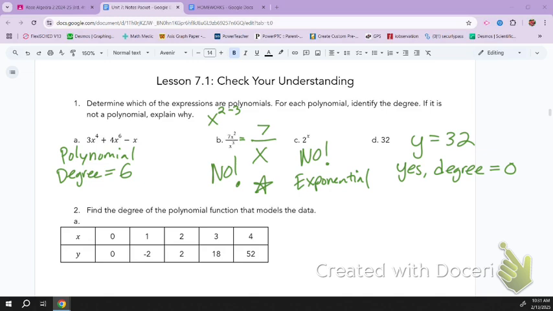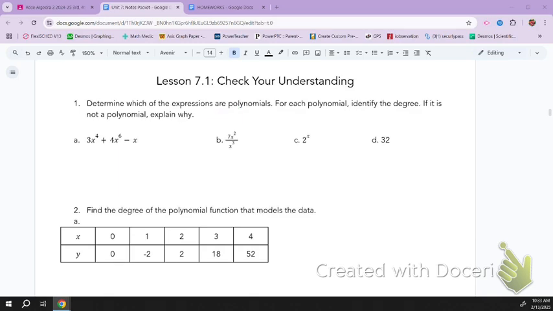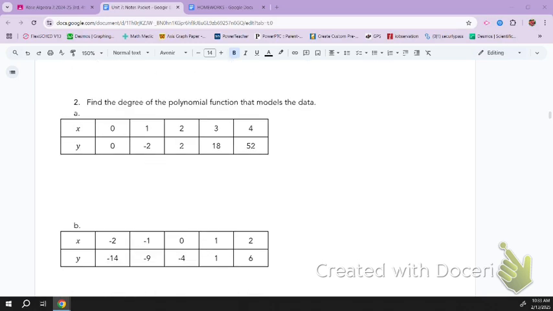Okay, let's do the first table together. We're going to figure out the degree of the polynomial by finding the differences. So we're going to list out our differences and see how many differences it takes to get to our common one. So from 0 to negative 2, what happened? Minus 2. From negative 2 to positive 2, Tony, what happened?